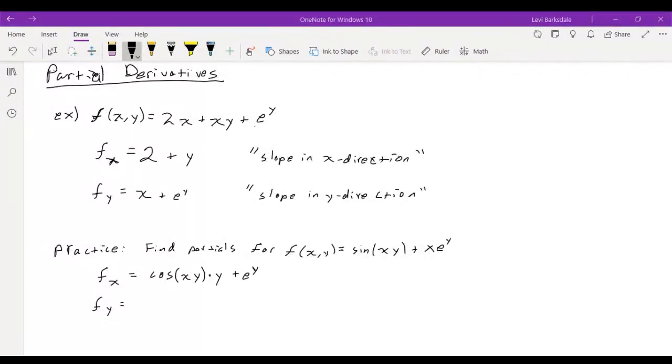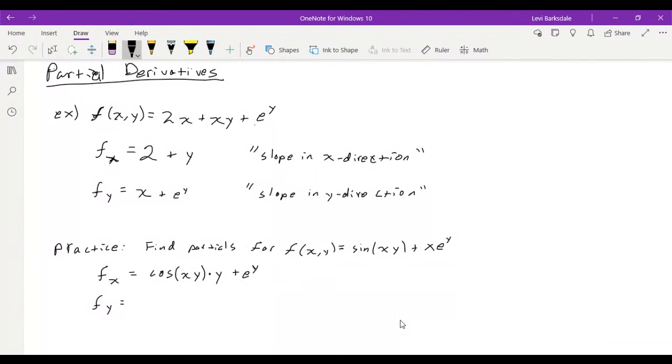Did you come up with a y derivative? We got f sub y is equal to x cosine of xy plus, again, really close.